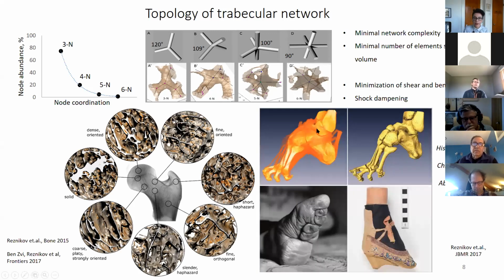And then I moved to the UK, and I had the privilege to work with historical collections in pathology museums, and I was able to scan specimens from the 19th century of cultural deformation of the foot.